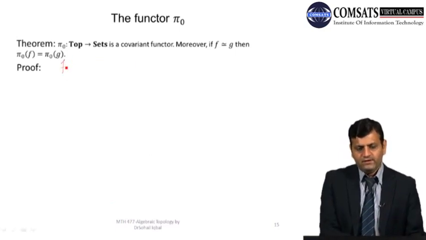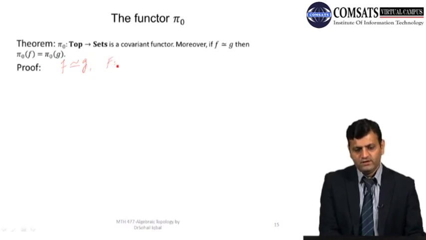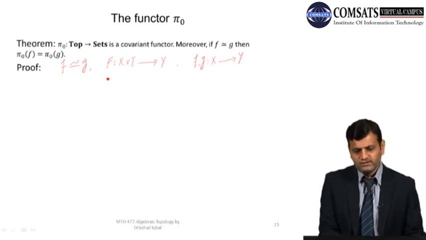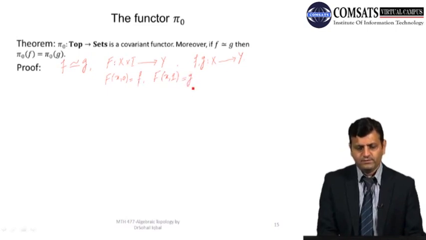Okay, so if f is homotopic to g, which means that we have a continuous function F from X cross I to Y, where f and g are continuous functions from X to Y, such that F of (x, 0) is equal to f and F of (x, 1) is equal to g.